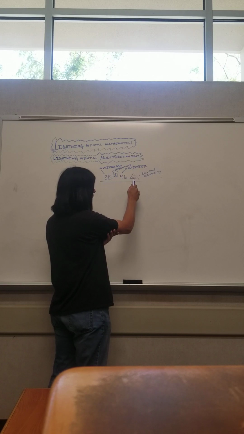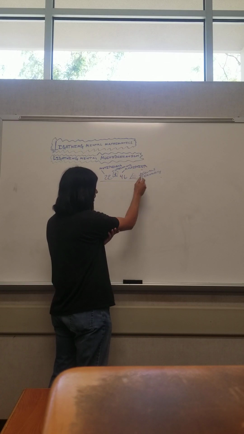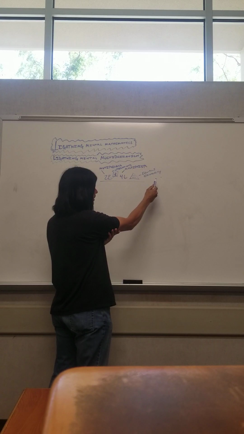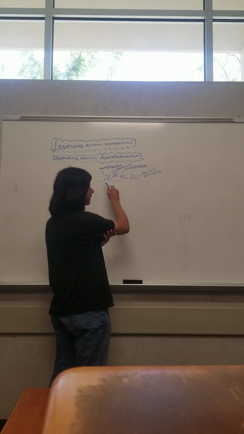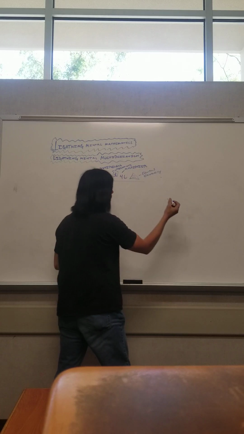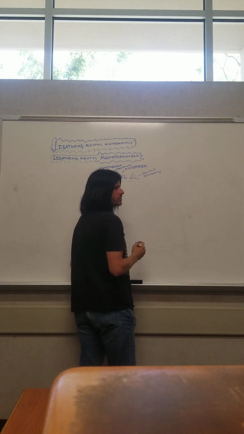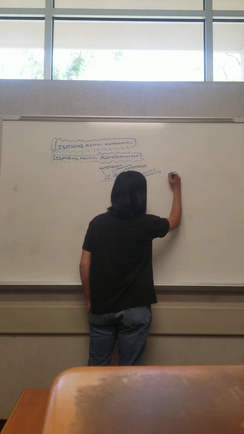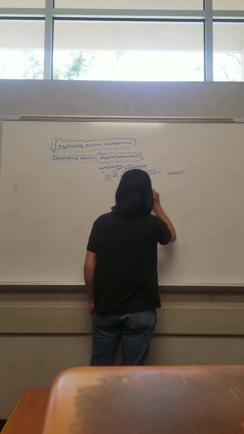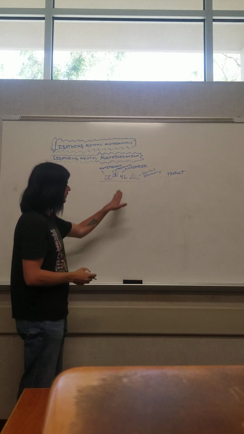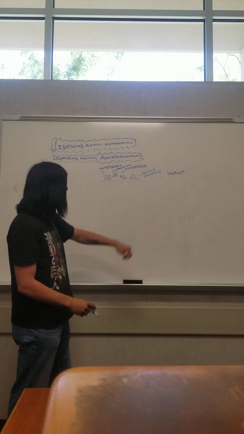So in order for it to be equals, what's on the right hand of the equals symbol must be the exact same as what is on the left hand of the equals symbol. What comes out of this is something called a product, okay? So the product would be that.